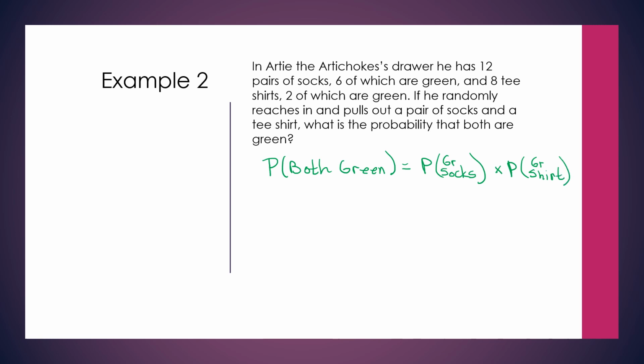So he has 12 pairs of socks, 6 are green. That really is 1/2, but I'll write 6 out of the 12 times the probability of the 2 t-shirts out of 8. Now you can multiply this or you can simplify it first. I'll go ahead and simplify it to 1/2 times 1/4, 2 times 4, so that is 1/8.